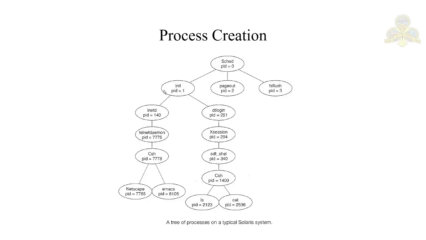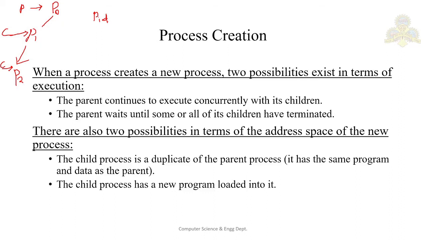Again, this init process has created two children. The process continues, where a parent has multiple children, and this forms a tree of processes, which we basically call a process tree. We'll come back to this slide.